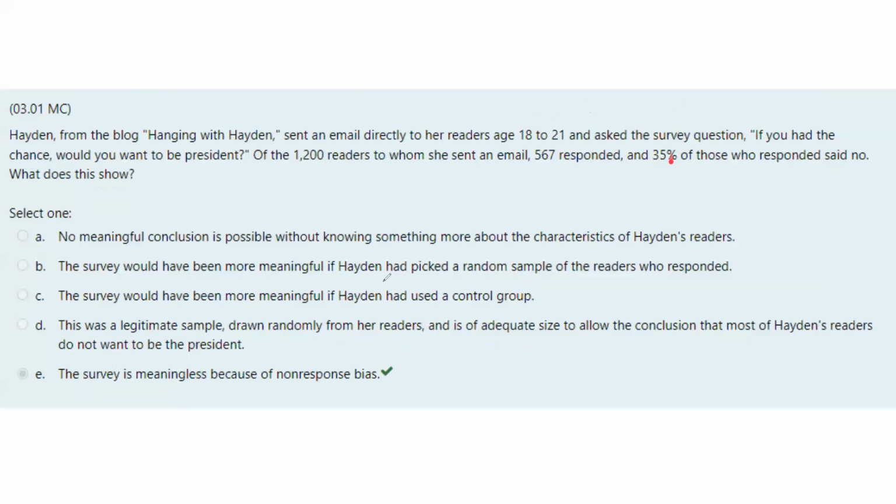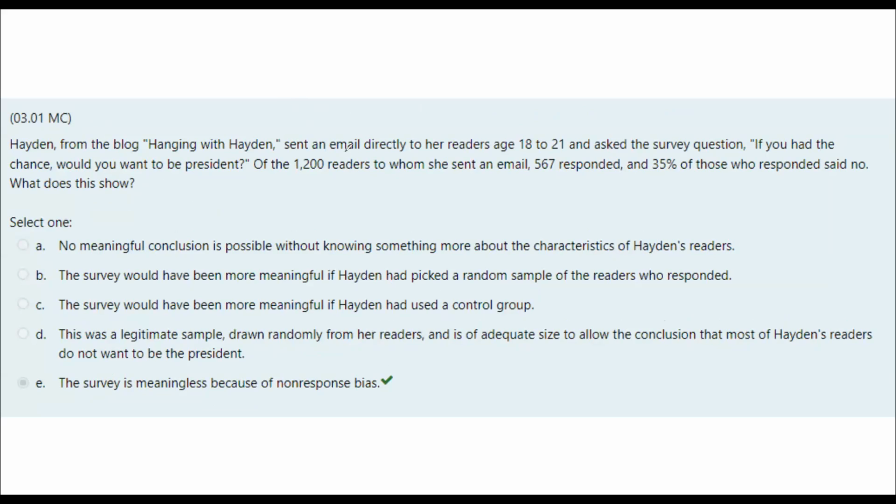All right. Hayden from the blog Hanging with Hayden sent an email directly to her readers age 18 to 21, asked a survey question. If you had a chance, would you want to be president? Of the 1,200 ones, 567 responded, and 35% of those said no. So what does this show?